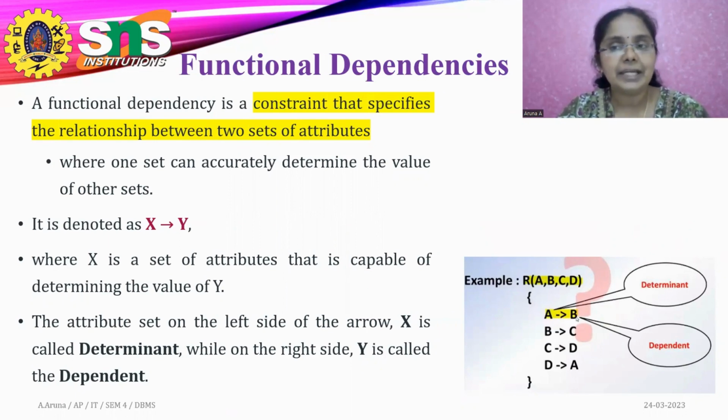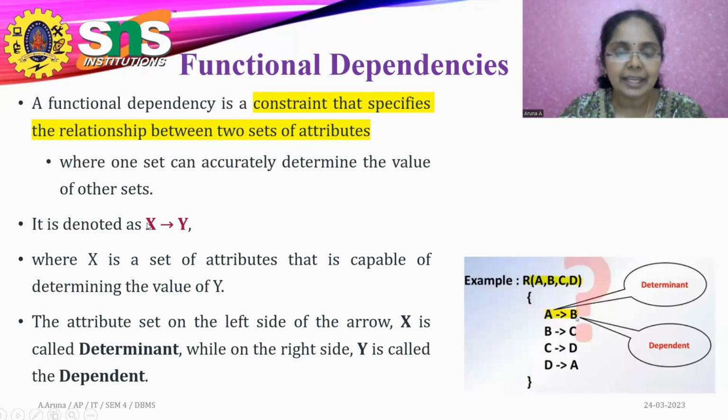How do we denote functional dependencies? Here we consider two attributes, X and Y. The arrow mark shows whether that particular function is fully determinant or not. This arrow mark is the dependency arrow.